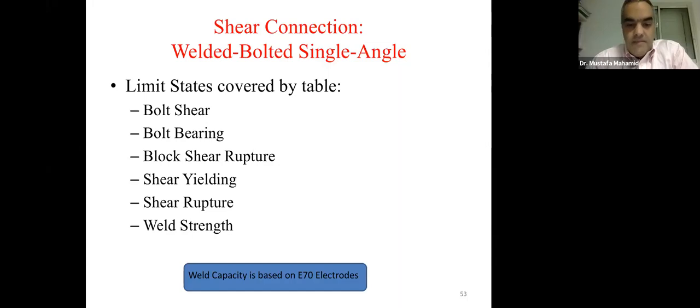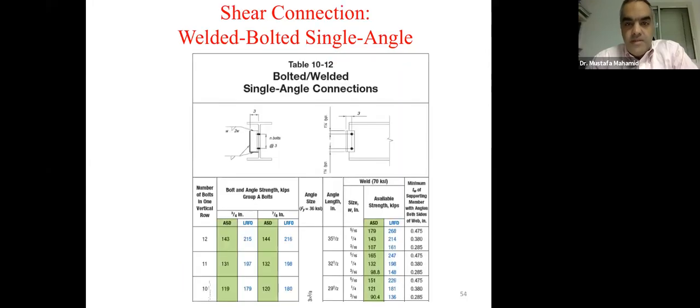Again, the capacity of the welds is based on E70. This is given in table 10-12, bolted welded single angle connection. This is not commonly used. If you are using a connection from one side, many people use just a single plate connection, but this is another option to use.